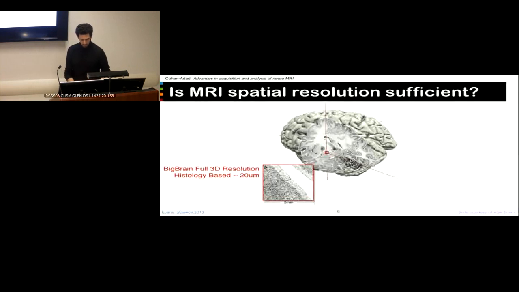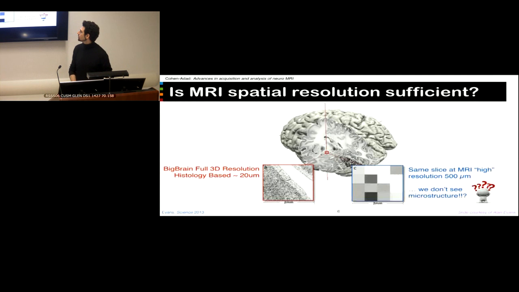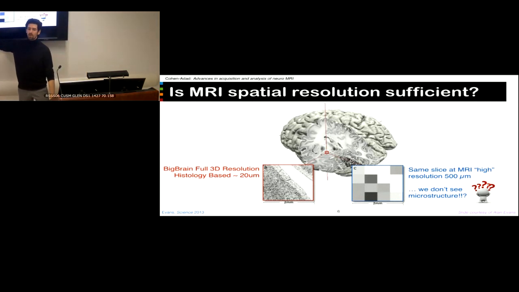And let's do a little game of downsampling this to the resolution of an MRI, which is actually a pretty good resolution already. It's like 500 micron, and we see that we have those ugly big squares that are supposed to represent this rich microstructure in there.